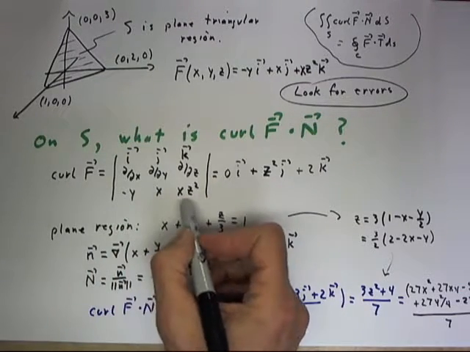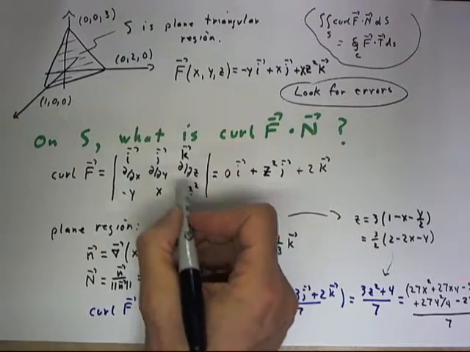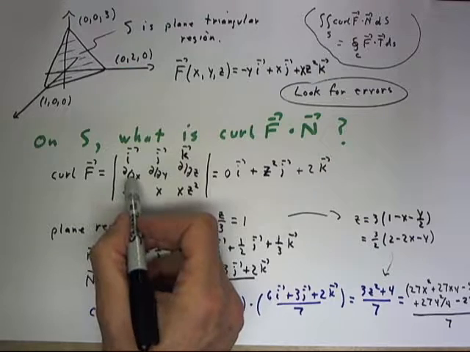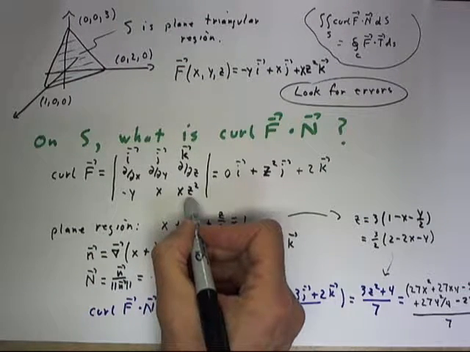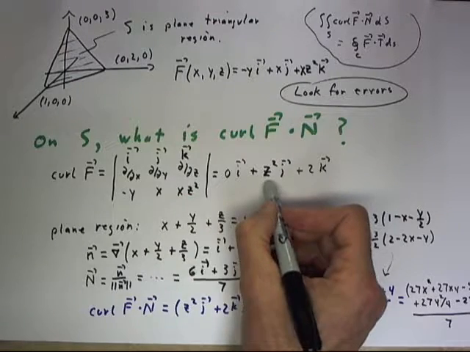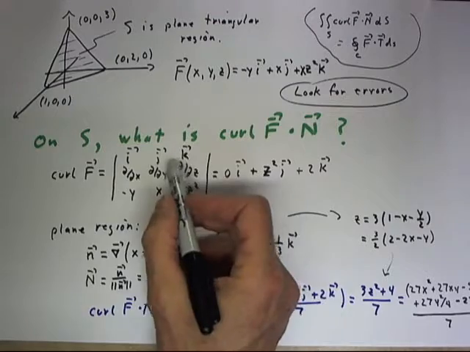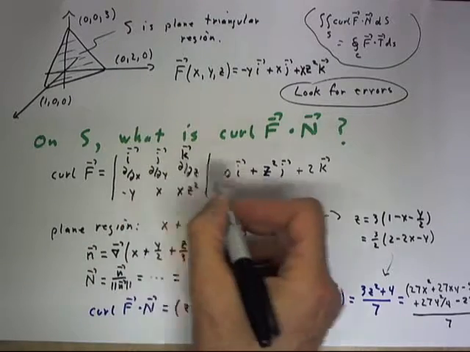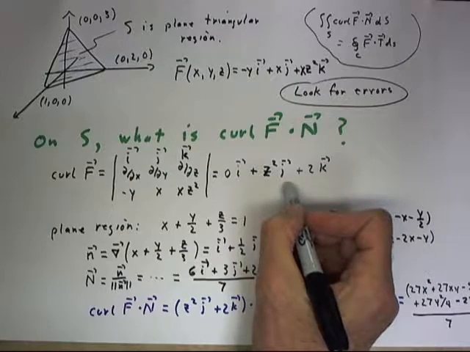And the partial with respect to x of xz squared. Now it's going to be minus that. We've already got the minus. So the partial with respect to x of xz squared, again, double check me on this, is just z squared. It's z squared, but it's minus because it's here, and it's minus because it's a j, and without going into all the detail, we get z squared j.